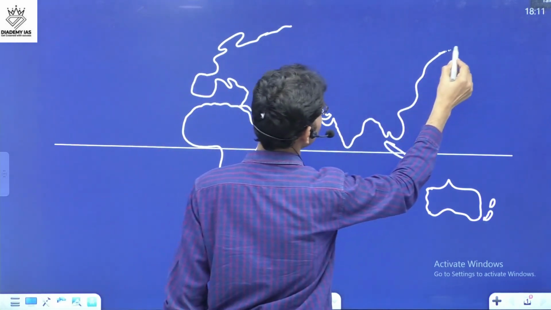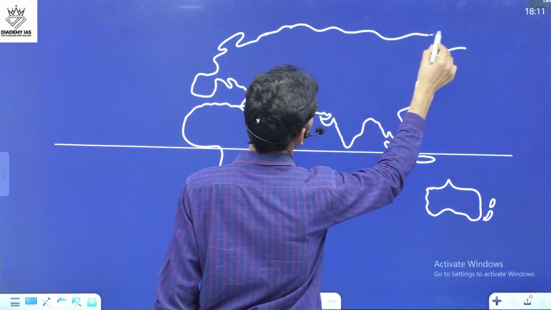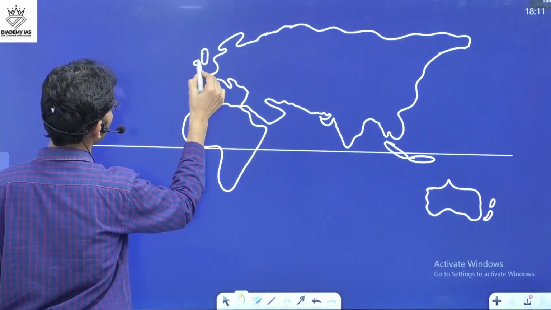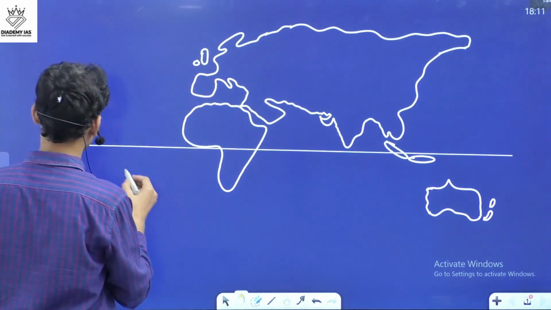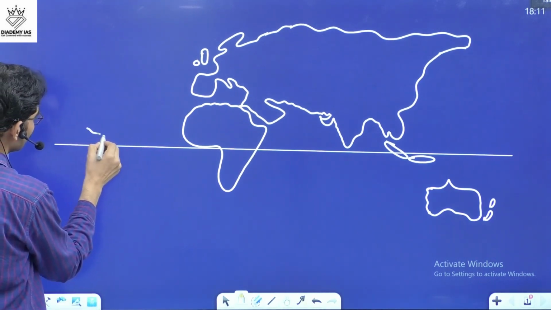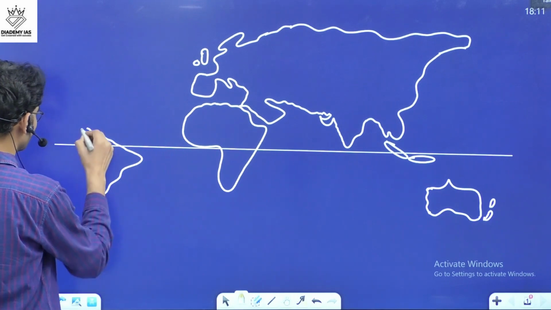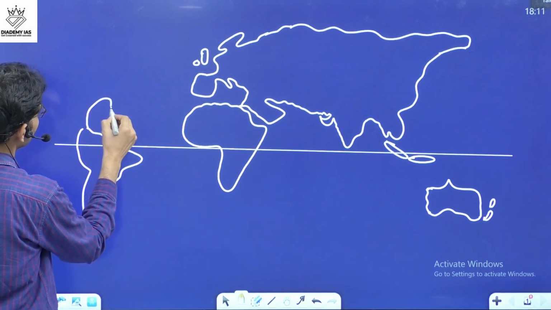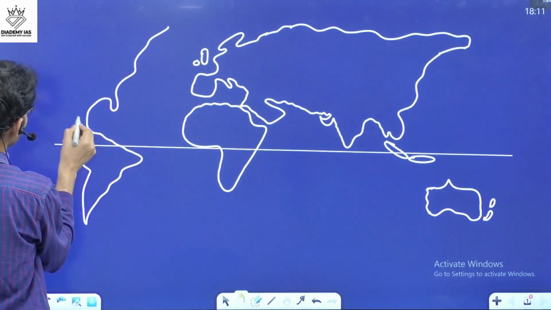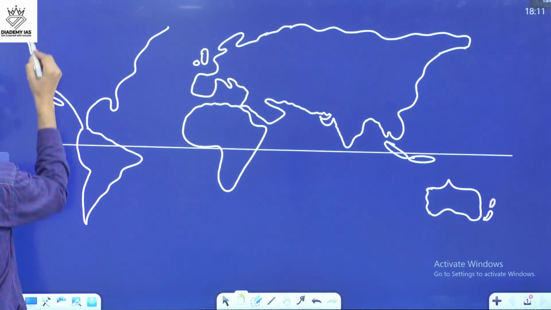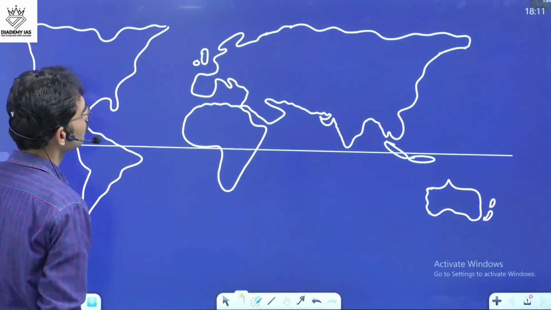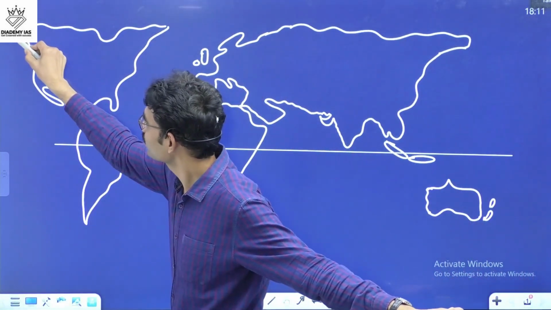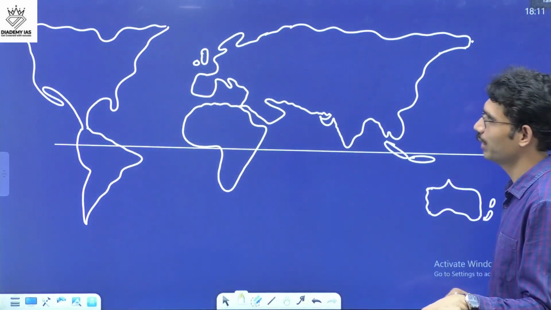Europe, Russia. Now here England is there. Now here, South America, Canada, USA, and this part here it will mix.